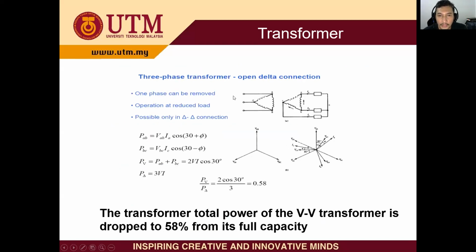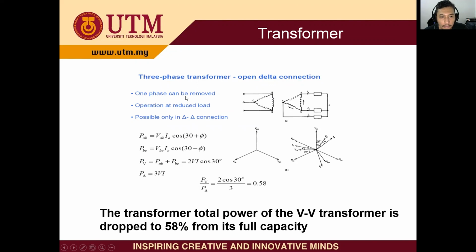And for the delta connection, we have a special feature: only with this delta connection can we pull out one transformer, maybe due to maintenance, or maybe the transformer is in a faulty condition.